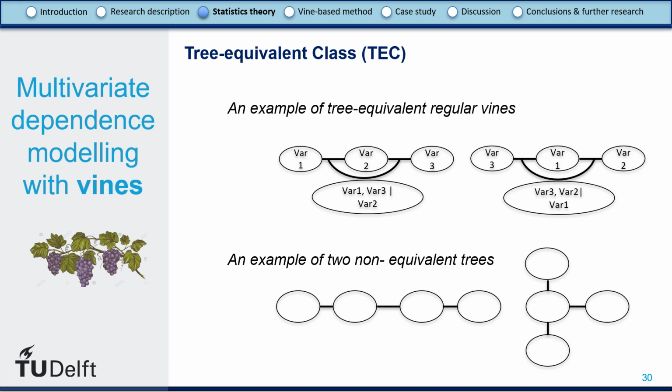On the top, we see 2 different regular vines. But if we remove the annotation on the variables, we actually see that they share the exact same tree structure. On the contrary, in the figure below, we see an example of 2 non-equivalent trees because they do not share the same structure.